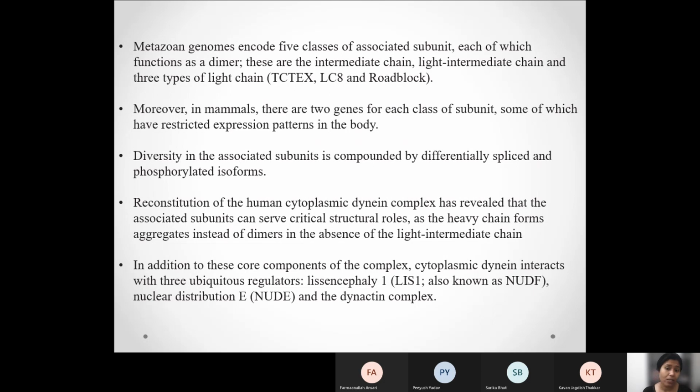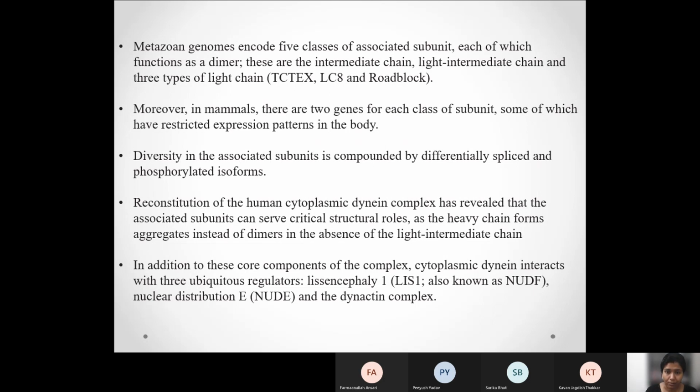So these associated light chains, light intermediate chains, are required for proper formation of the dynein structure, its proper functioning, and also association with the cargo complex.